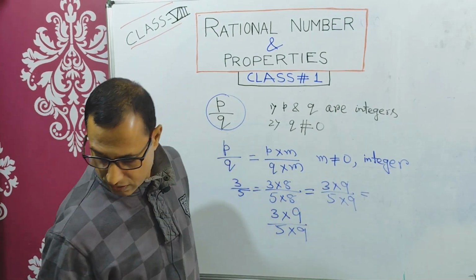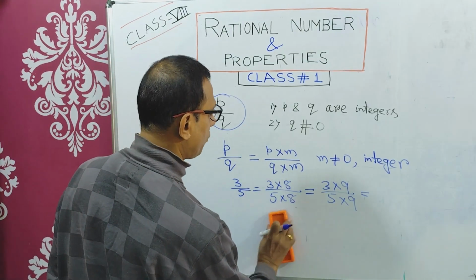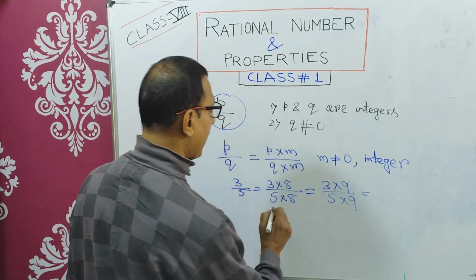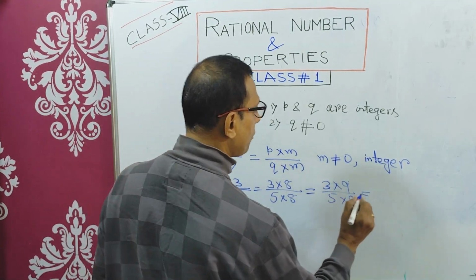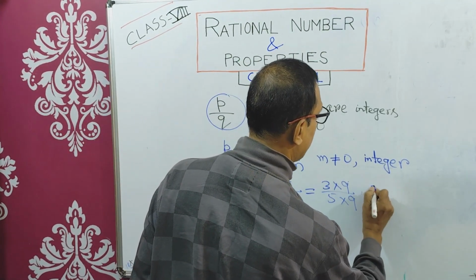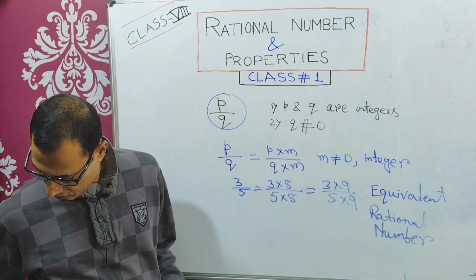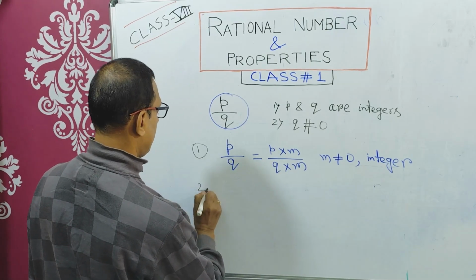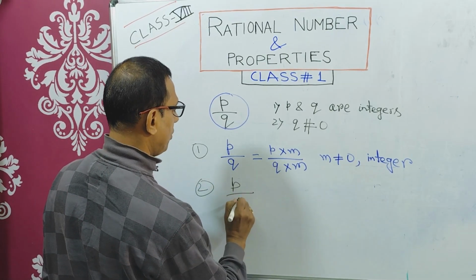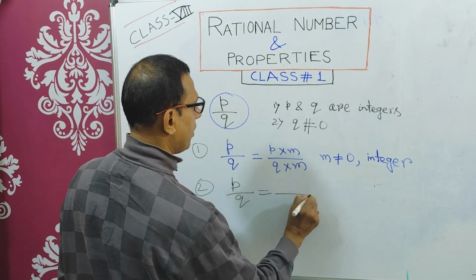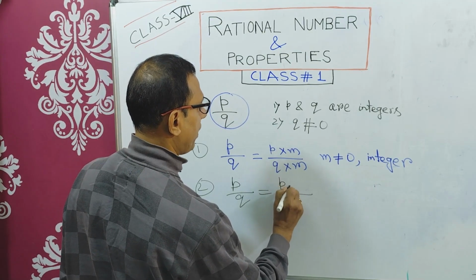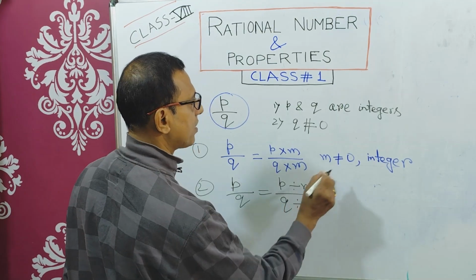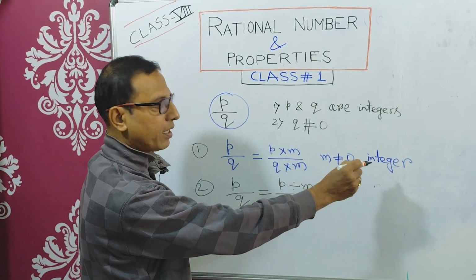All the rational numbers you get after multiplying are called equivalent rational numbers. So that is property number 1. Like multiplication, you can also divide both numerator and denominator by the same number: P divided by M, Q divided by M, where M is not equal to 0 and M is an integer.